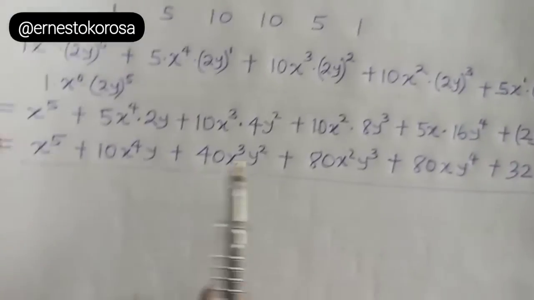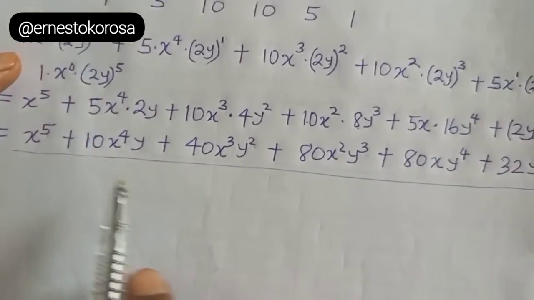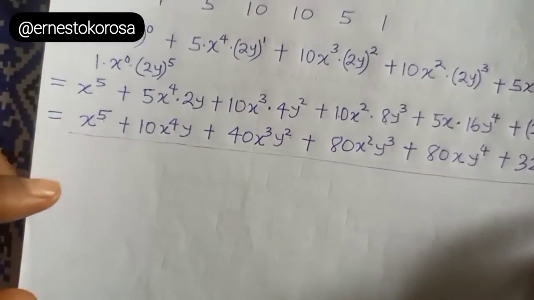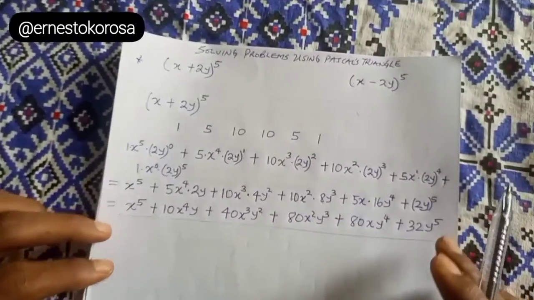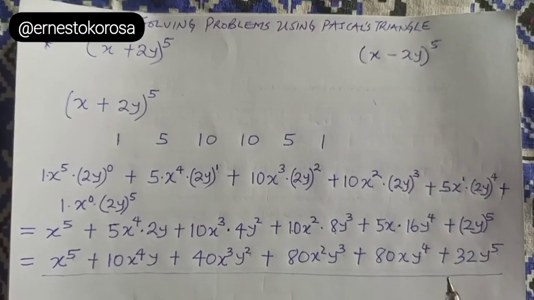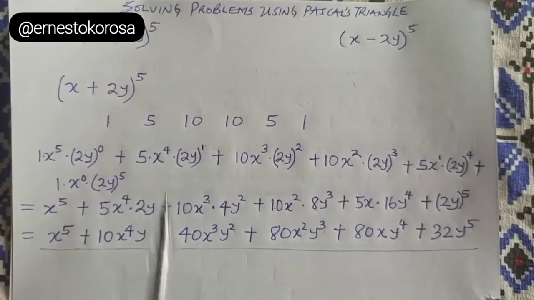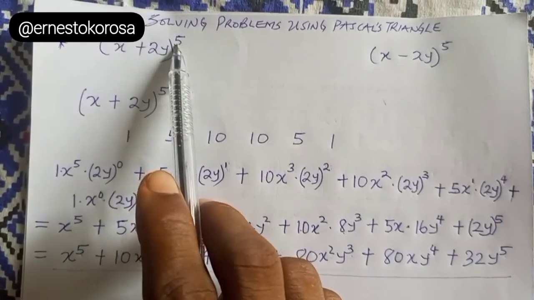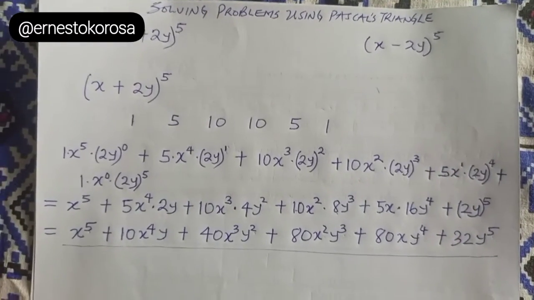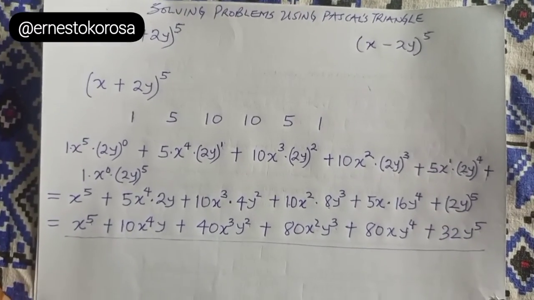It is a way to show that you are correct, you are in line with the expansion. So this is how to apply Pascal's triangle in solving problems that have to do with higher powers. Do well to try some more problems and feel free to hit me up anytime.